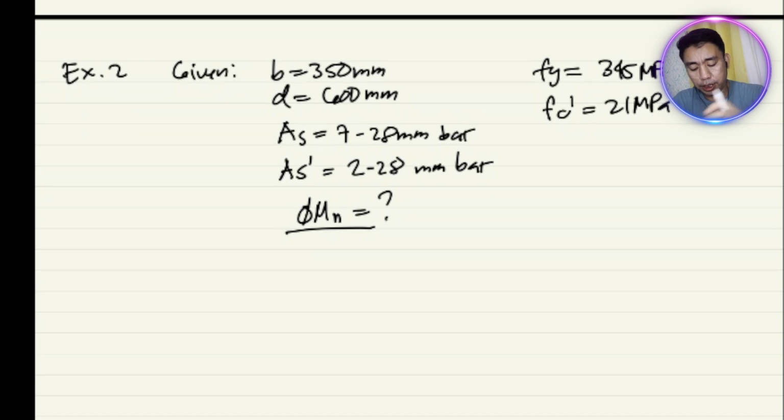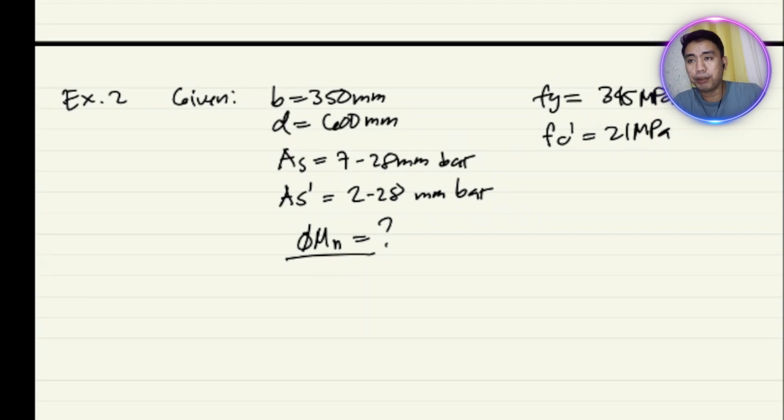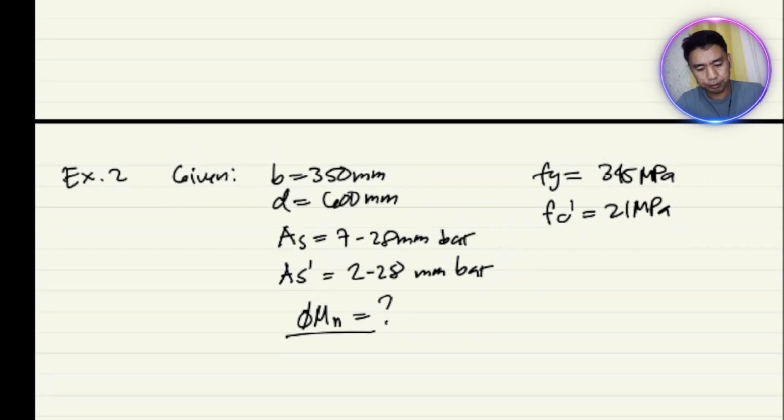Okay? So here in this example, we are given in doubly reinforced most of the time, the section is given. So we have B is 350 mm and D is 600 mm.